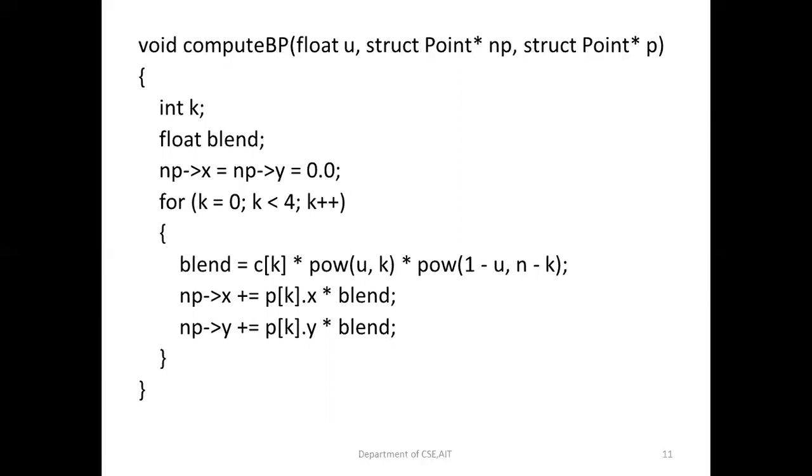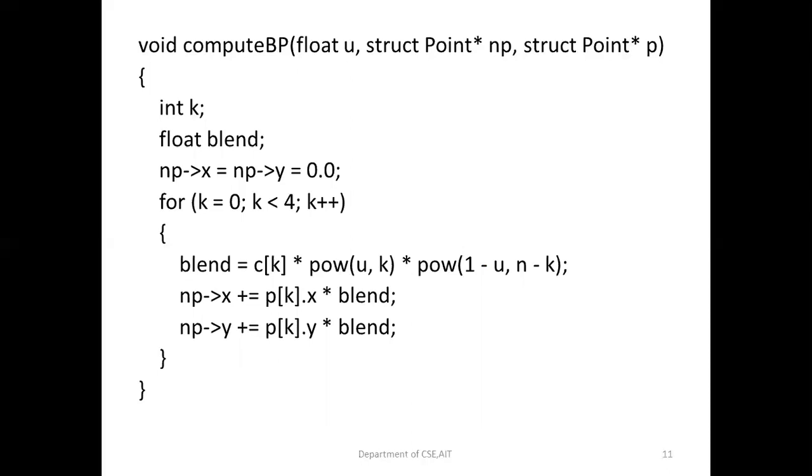And then by using the blend function, so the blend function is what? That is the BZ function. That is equal to C of k into u to the power of k and 1 minus u to the power of n minus k. So by using this, we are going to compute the values of NP of x and NP of y. To plot the curve, I'm going to make use of NP of x and NP of y.